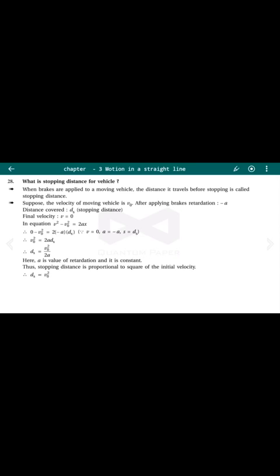Thus, the stopping distance is proportional to the square of the initial velocity. As you can see in this equation, ds equals v0 square upon 2a. Because the acceleration is constant, ds depends on the square of the initial velocity.